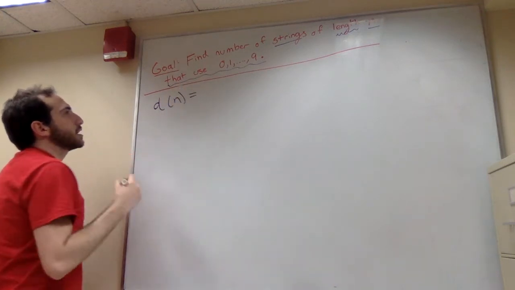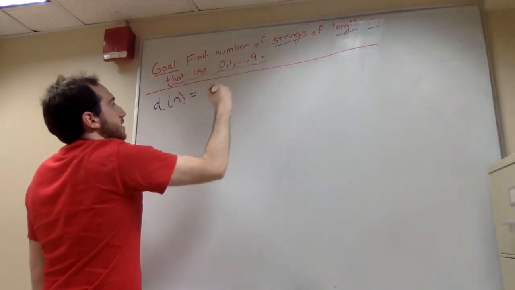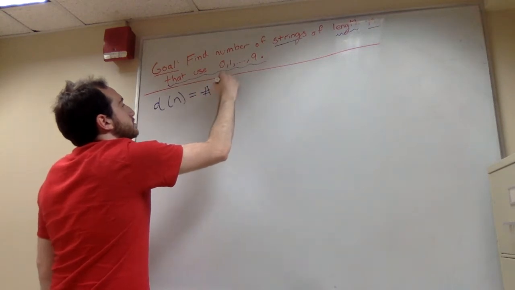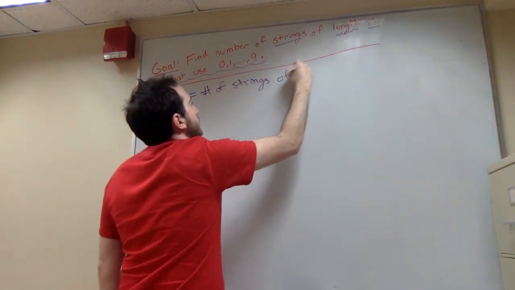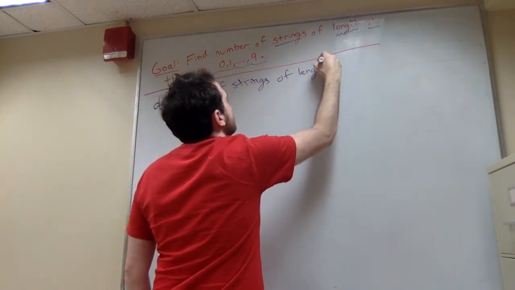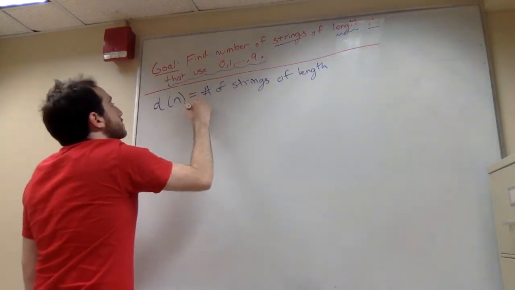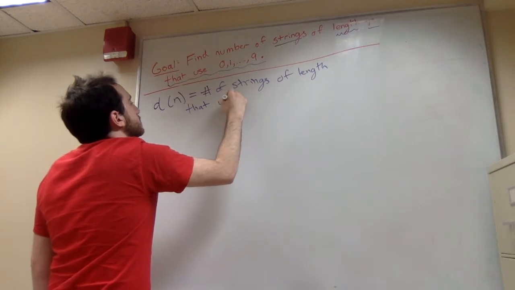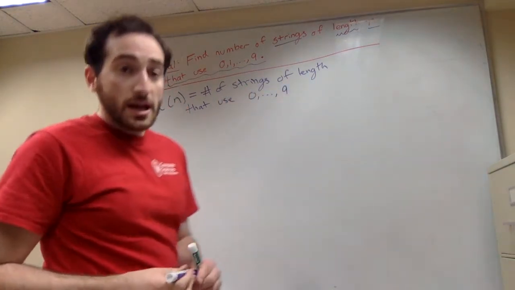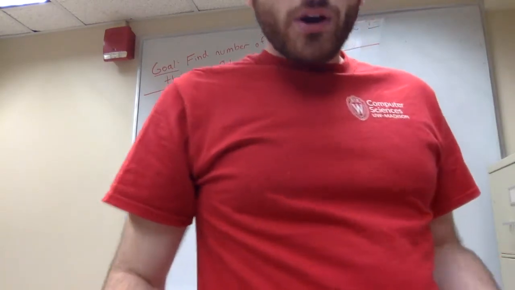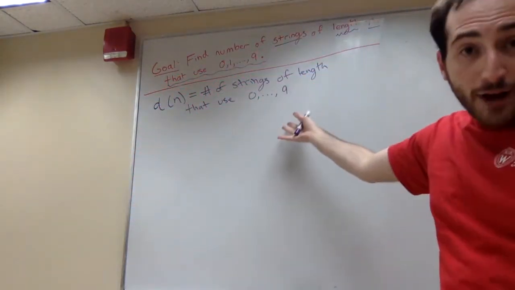This is going to compute the number of strings of length n that use 0 through 9. So this is a math function. We are going to use math when we write it.